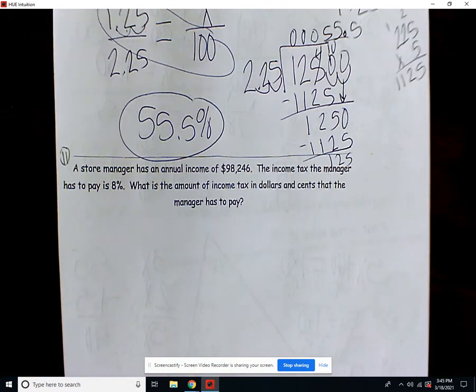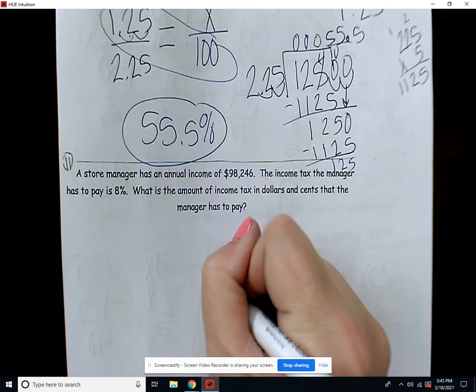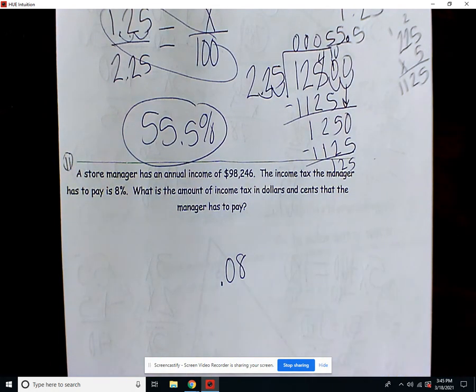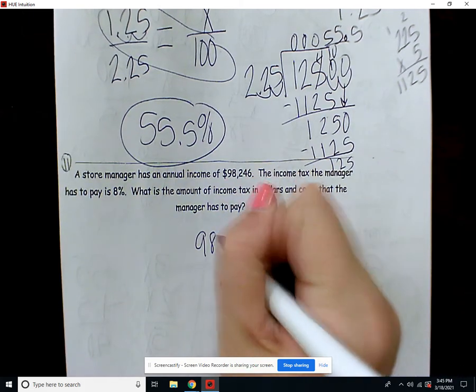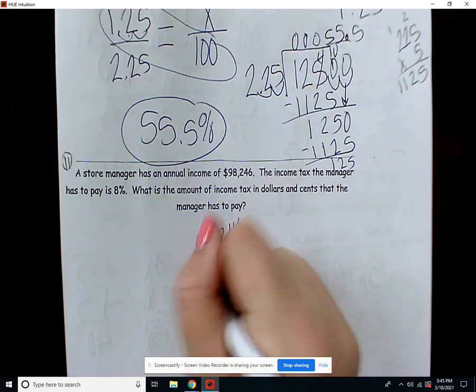Okay, a store manager has an annual income of $98,406. The income tax the manager has to pay is 8%. What is the amount of income tax in dollars and cents that the manager has to pay? Okay, so remember, when we get in the habit of seeing a percent, first thing you should do is change the percent to a decimal, so that's going to be 0.08, and then we multiply by our money amount.